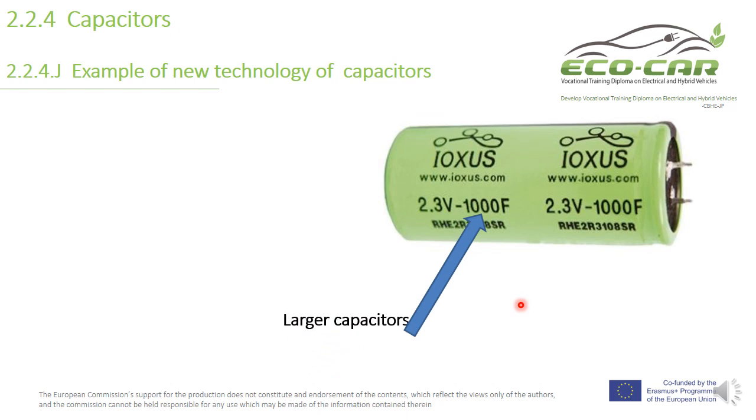So these are larger capacitors. 1 farad equals 1 million microfarad with the small size of the capacitor. 1000 farad, see here, is a huge value of microfarad.